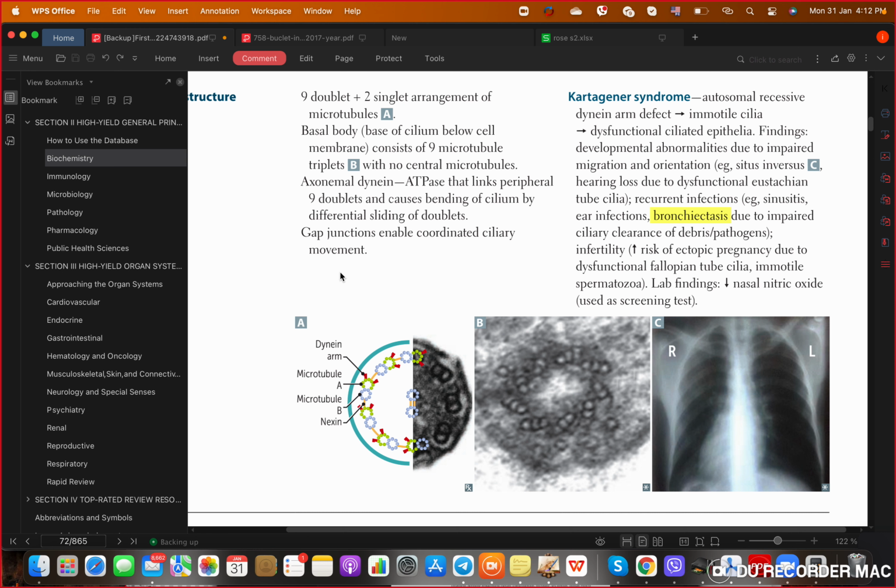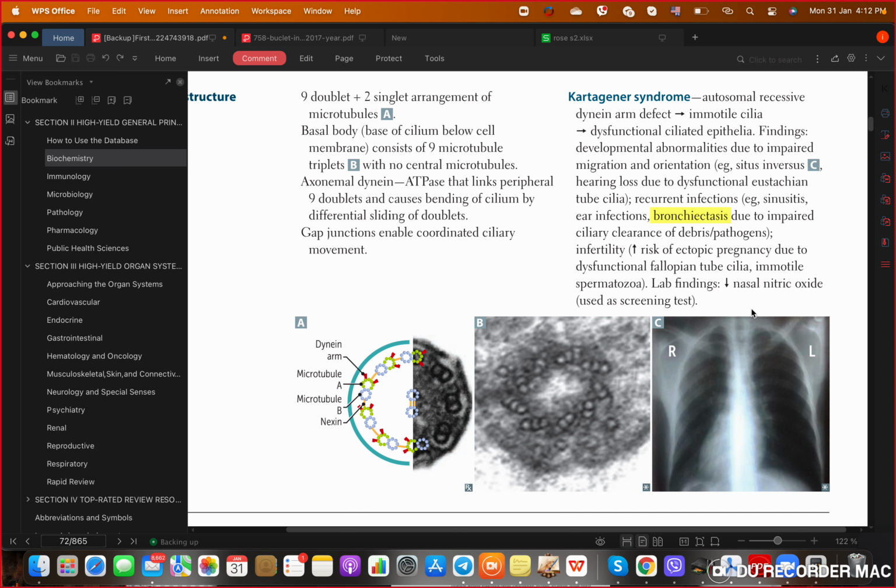You know what is a zygote? Yes. So they cannot move it forward. It's not able to take it from the ovary, from the fallopian tube into the uterus. So it's stuck there. Got it. And that increases the risk of ectopics. And yeah, in man, it's immobile sperm. Okay, got it. The lab finding which I was looking for is decreased nasal nitric oxide level.